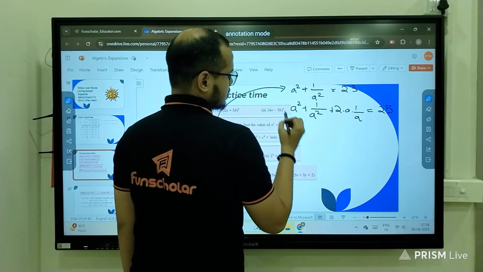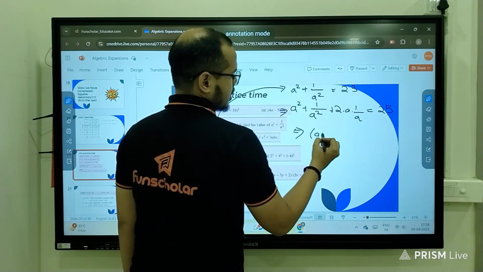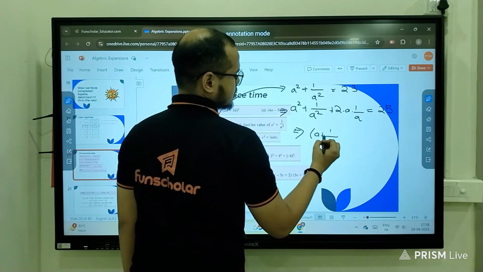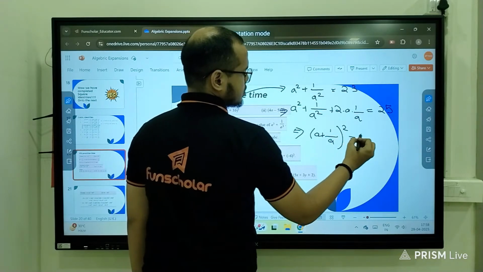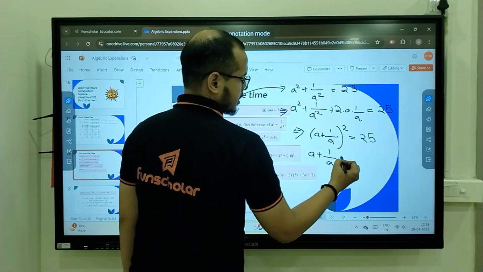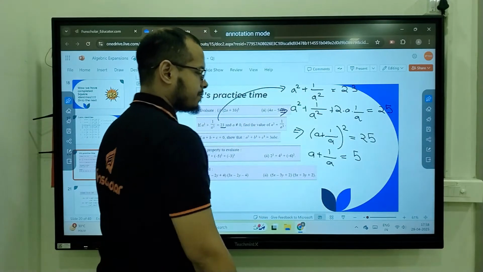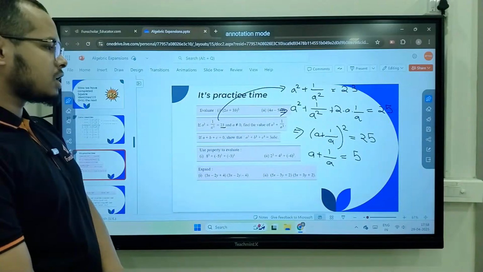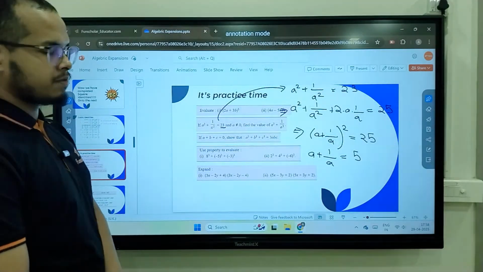So this is nothing but a plus 1 by a whole square is equal to 25. So a plus 1 by a is equal to 5.